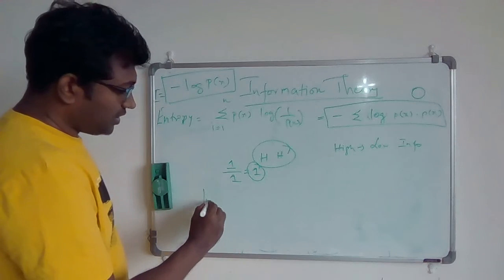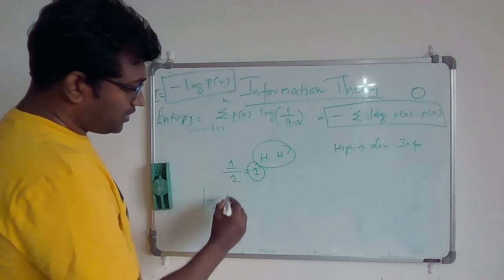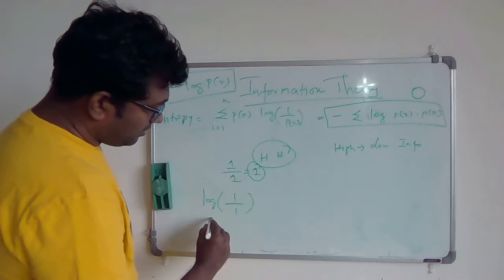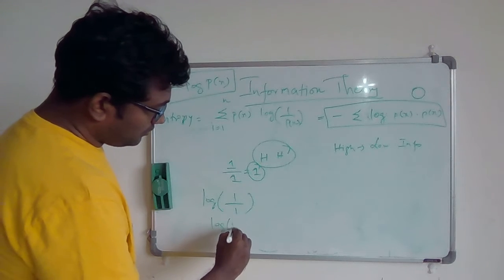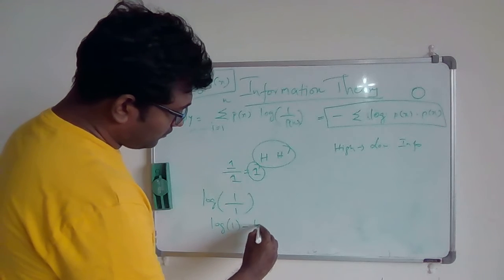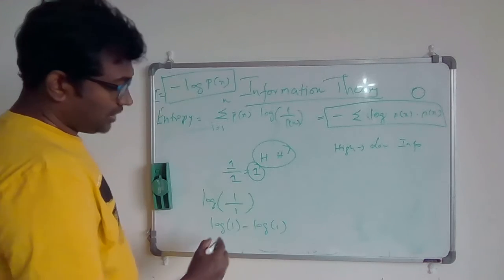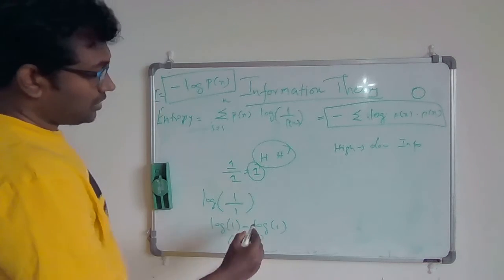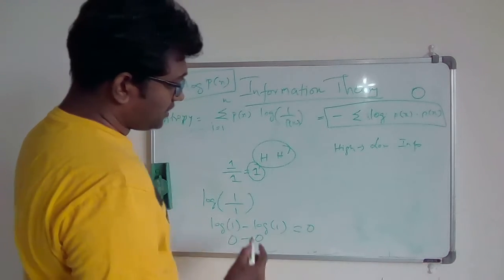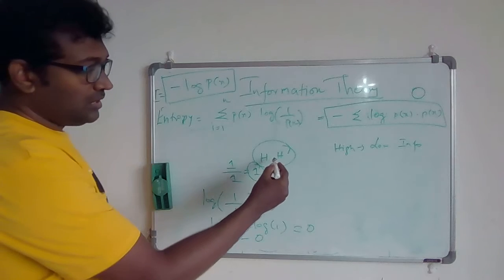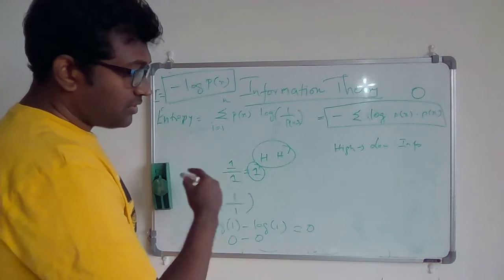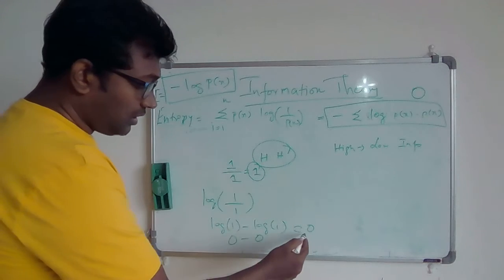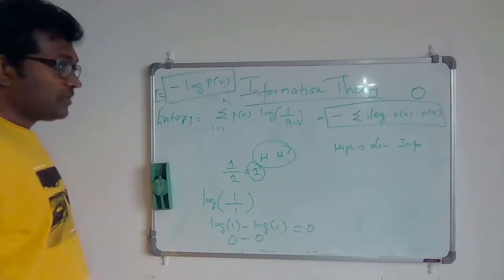So that's the reason we use log. Log of 1 by the probability of 1 becomes log of 1 minus log of 1. Log of 1 is 0, so the information becomes 0. If there is a biased coin that always throws heads, there is no surprise in it. The information is 0.